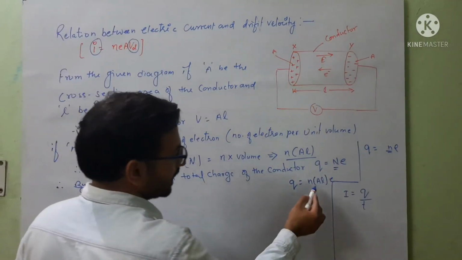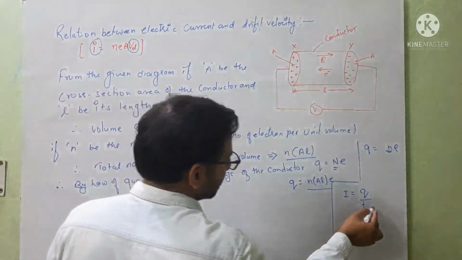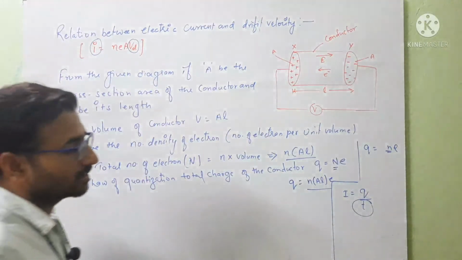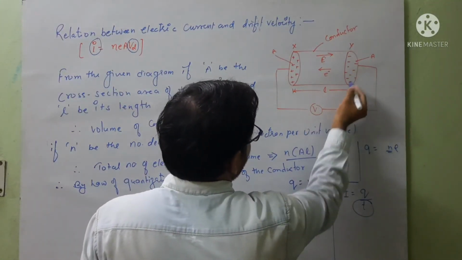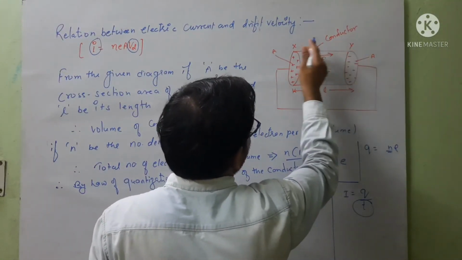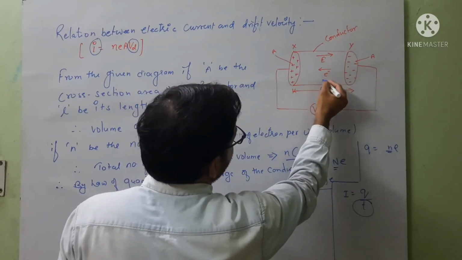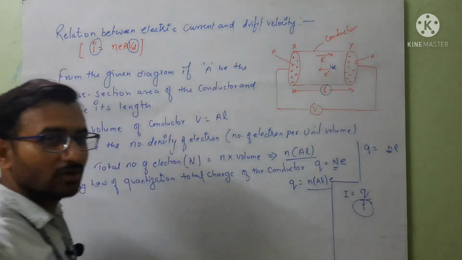Got it? Q we have here, but how will we calculate the time? Time t is the time taken by the electron to reach from the Y terminal to the X terminal, which means to cover the distance L with their drift velocity Vd. Got it?